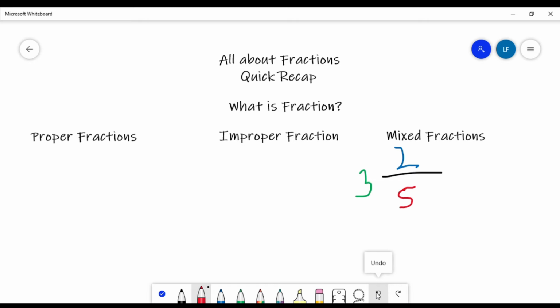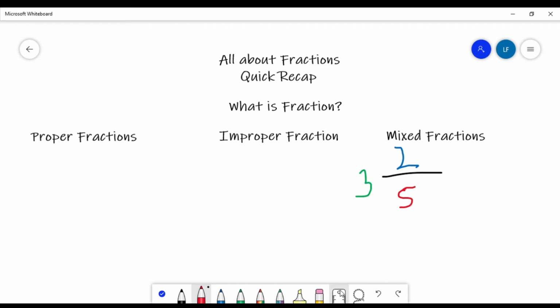Okay, so you may be thinking, is there any way we can simplify it? Yes, but the only way we can simplify this is to convert a mixed fraction into an improper fraction, right?